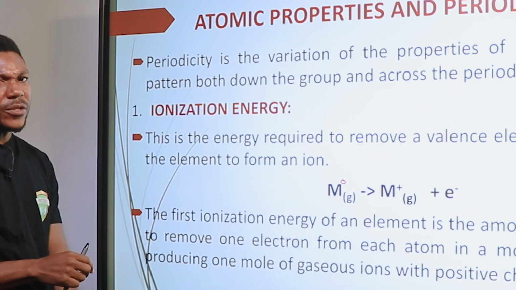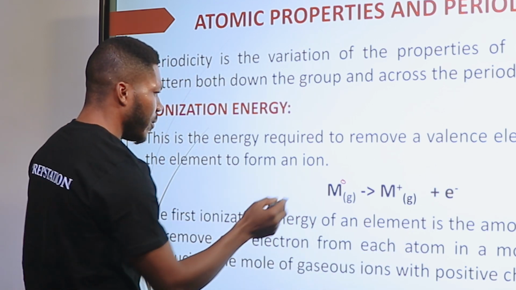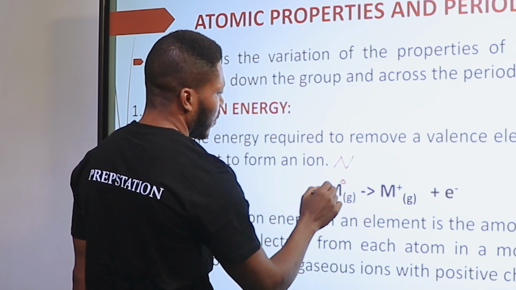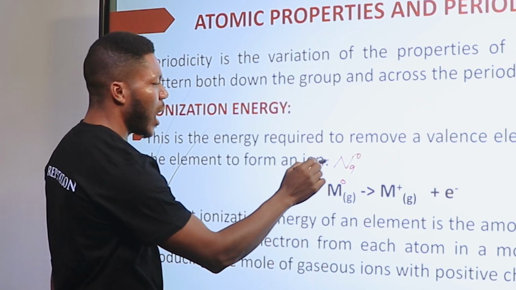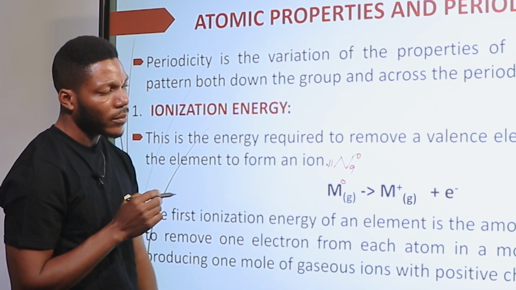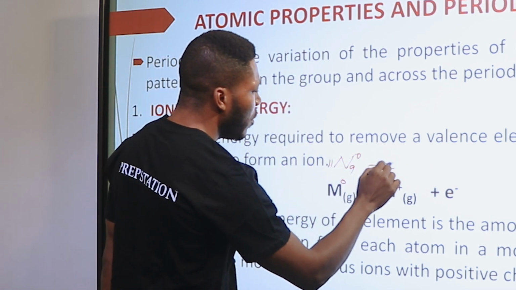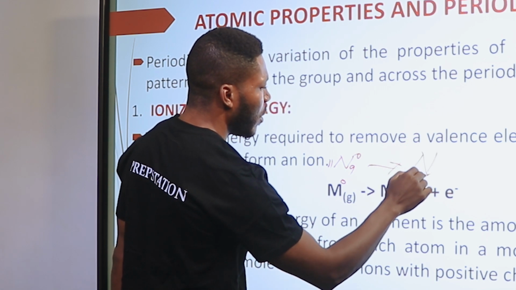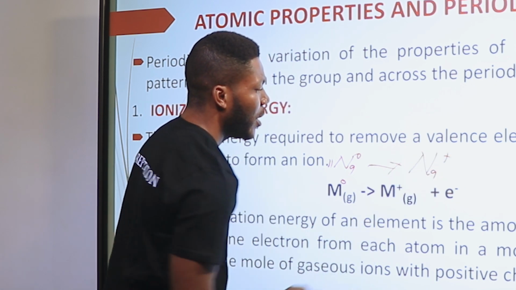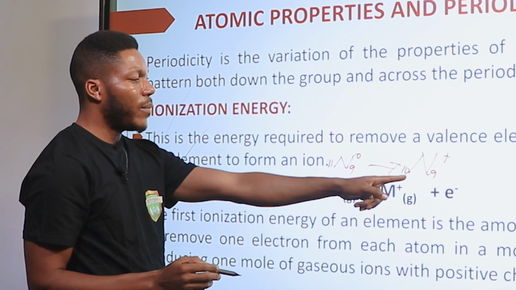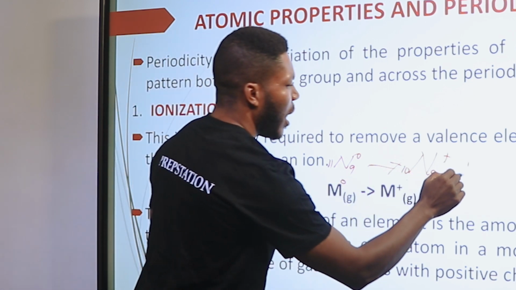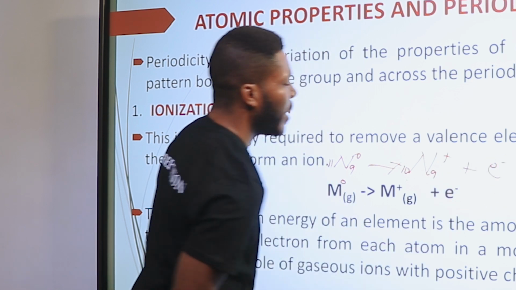So the energy that takes place when this is happening is called ionization energy. For example, let's take sodium. Sodium here is a neutral element with atomic number 11. When sodium loses an electron, it becomes positively charged, and the electron count becomes 10. It has lost 1 electron, and you balance it with 1 e minus.